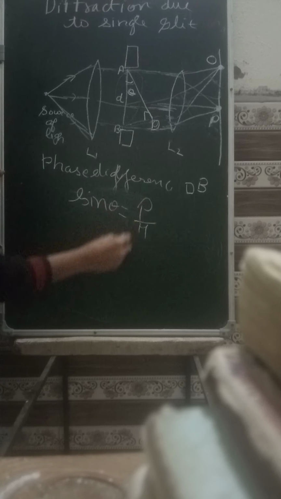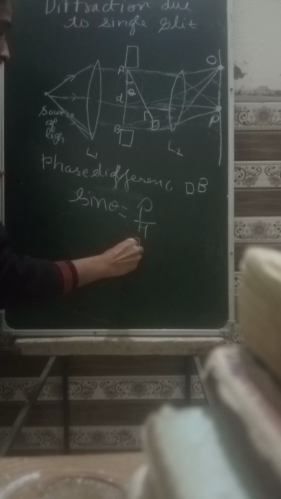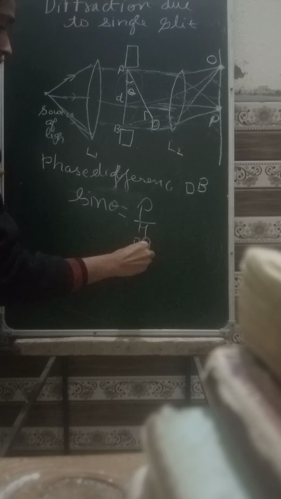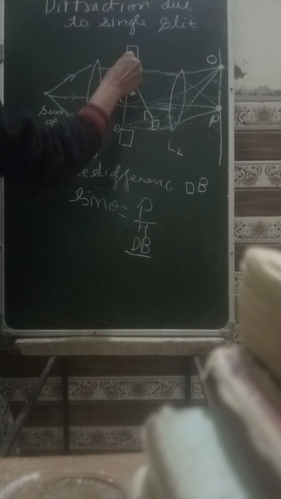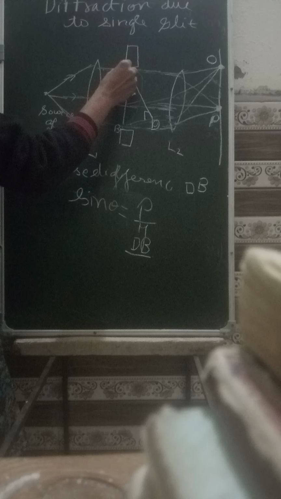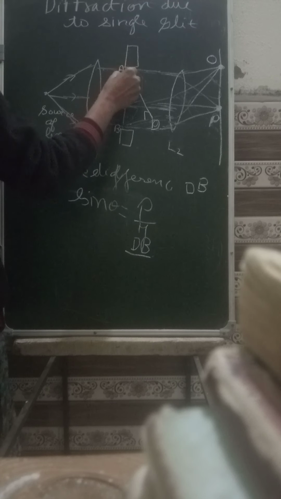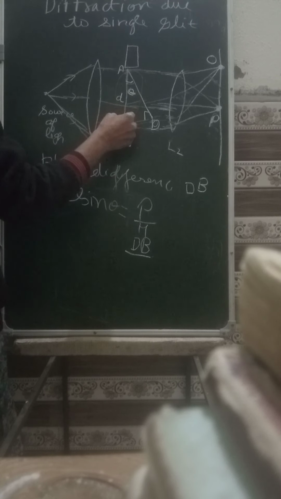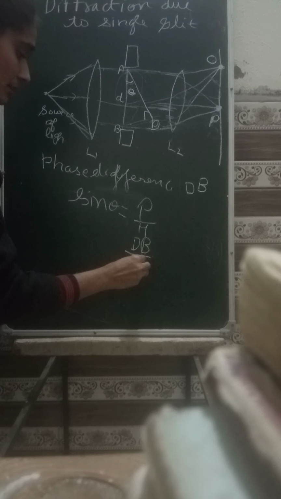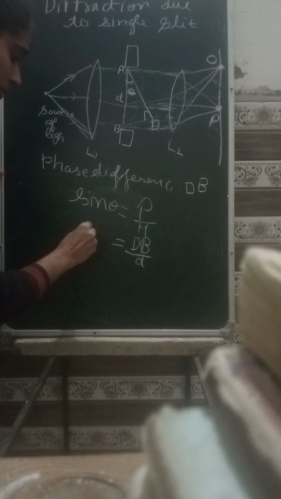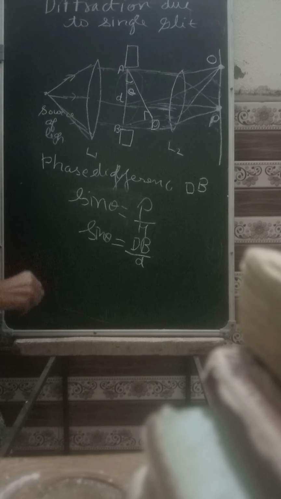And what is the perpendicular? The perpendicular is simply dB, and the hypotenuse is this AB. And what is the value of AB? This is simply the width of the rectangular slit, D. And over here it is sine theta.